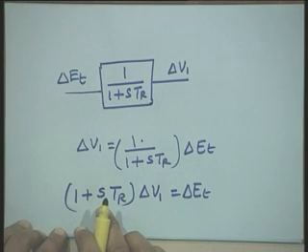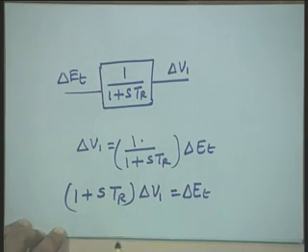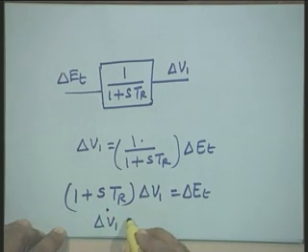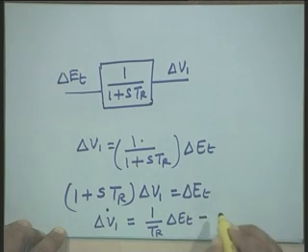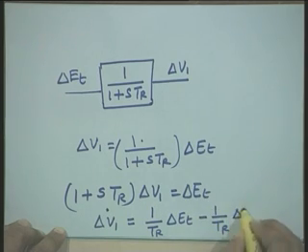Now, here if I replace S by d by dt and divide by Tr all through, you can write the equation in the form that delta V1 dot will be equal to 1 upon Tr delta Et minus 1 upon Tr delta V1.